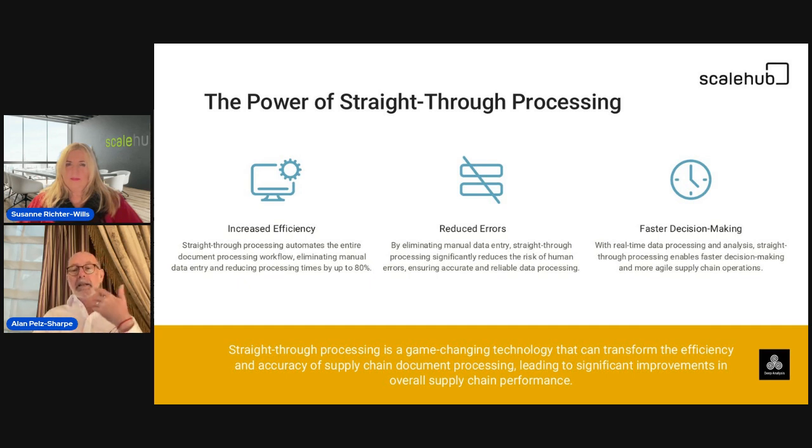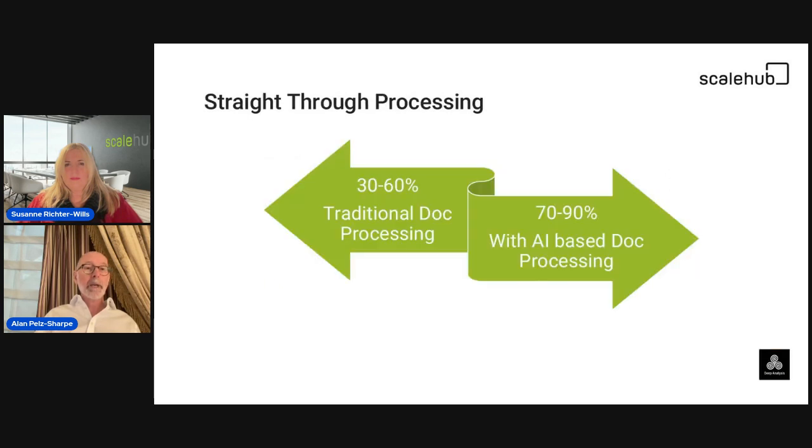Again, it's never going to be perfect. That's why you engage with companies like ScaleHub. Nothing's ever perfect, but a lot more things can be straight through processed today than ever before. I've seen examples where 70 to 80% is quite doable, and that's just massive compared to what we had in the past.